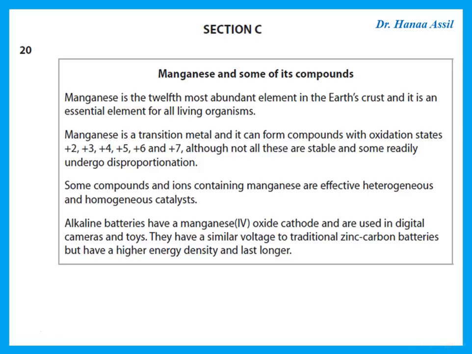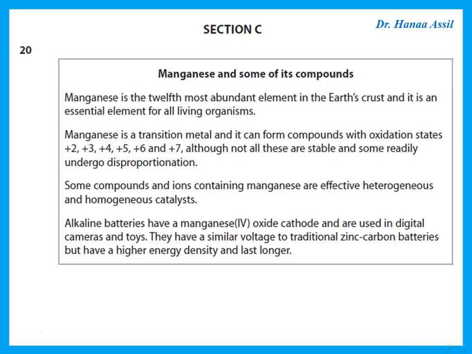Manganese and some of its compounds. Manganese is the 12th most abundant element in the Earth's crust, and it is an essential element for all living organisms. Manganese is a transition metal. It can form compounds with oxidation states from +2 to +7, although not all these are stable, and some readily undergo disproportionation.